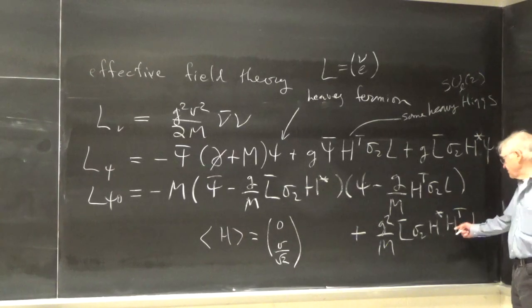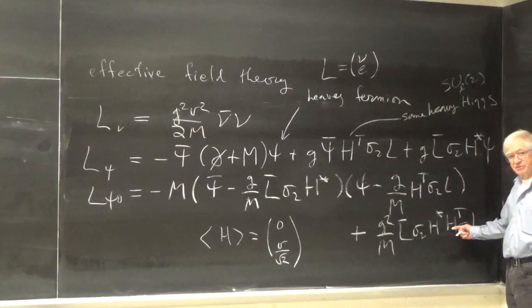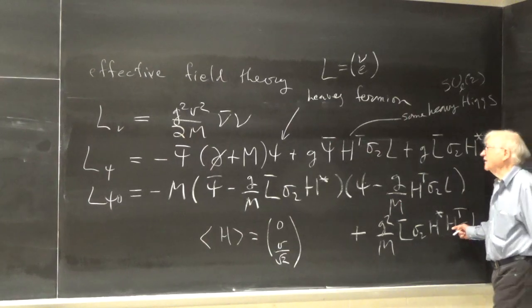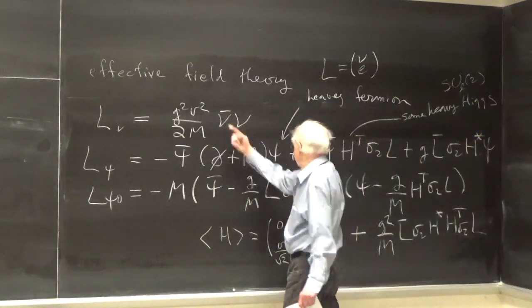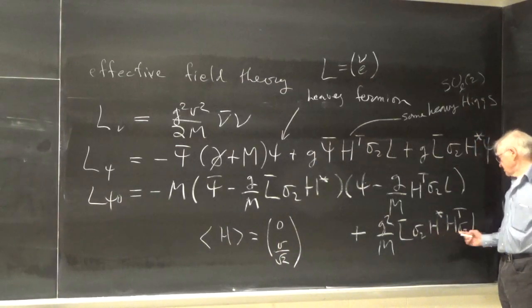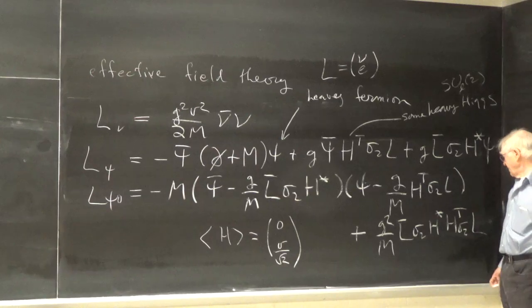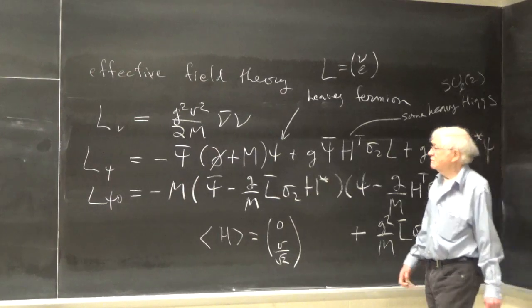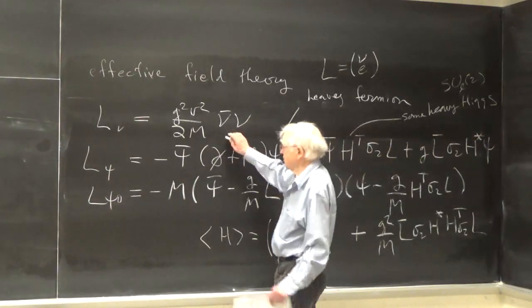So this term gives you v squared over 2. And that gives you this term over here. And of course, sigma 2 squared is 1. And so that's the low energy term.